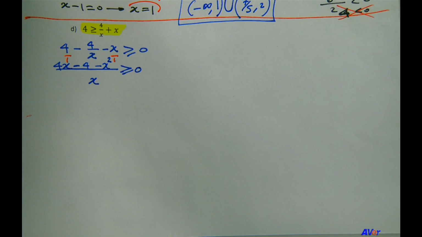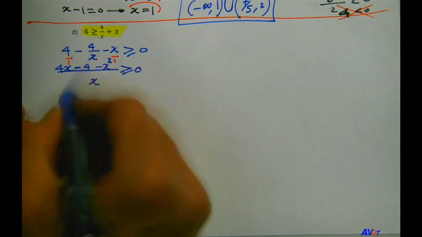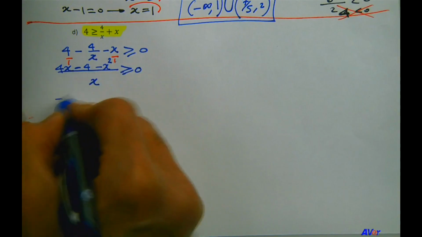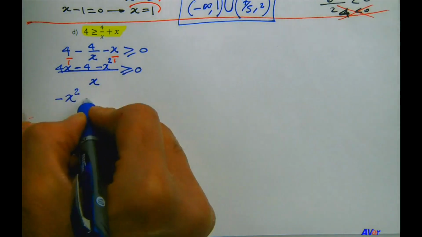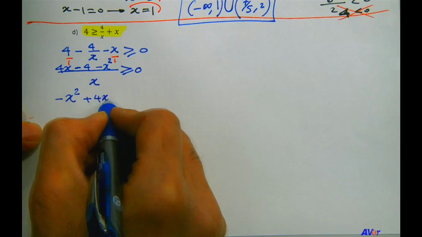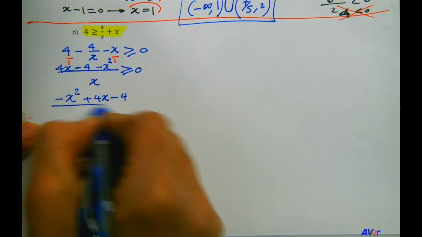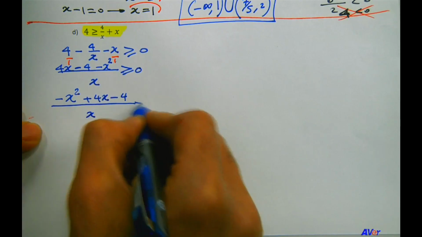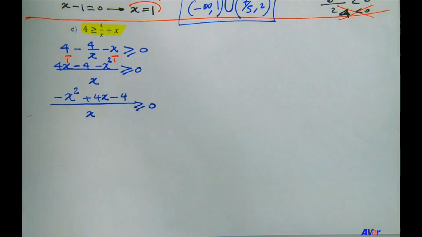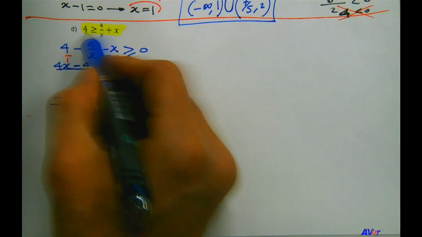Okay, so now we want to make sure that we factor the numerator. Let me put these terms in order. We have negative x squared plus 4x minus 4 divided by x greater than or equal to 0. Okay? To begin with, you could have put 4 on that side.